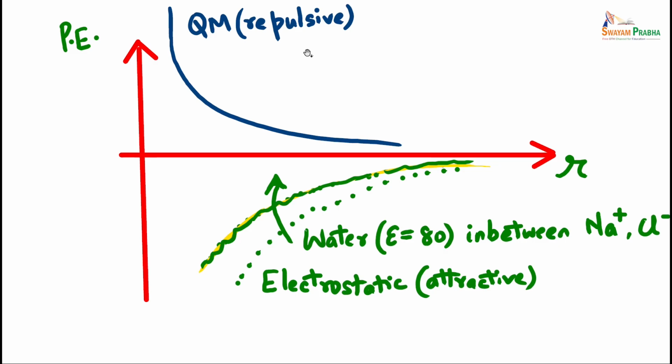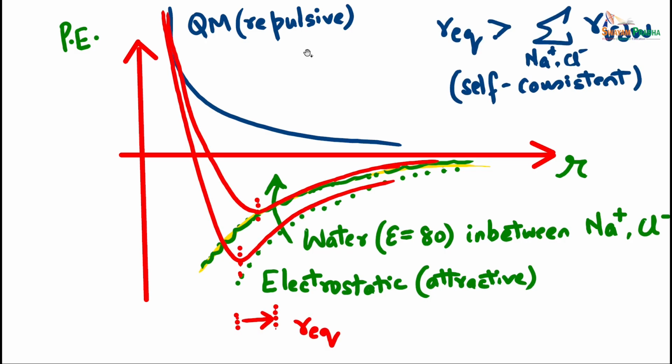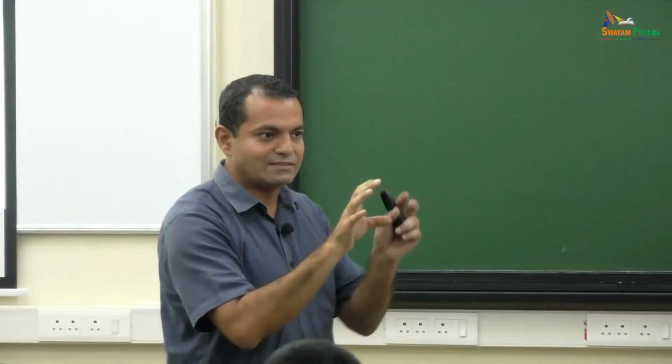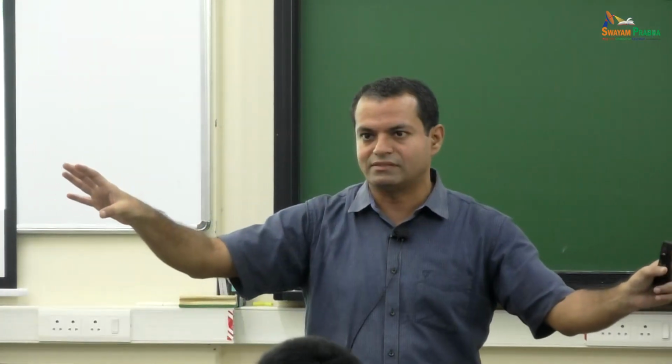The 1 by epsilon term will appear in the electrostatic interaction, and then the minimum of the potential energy will shift away. The minimum was here originally, now it has shifted a little to the right, and more importantly, the value of the minimum, which was very deep earlier, so many electron volts, now becomes less than 3 by 2 kT. So the thermal energy is sufficient to separate Na plus and Cl minus.